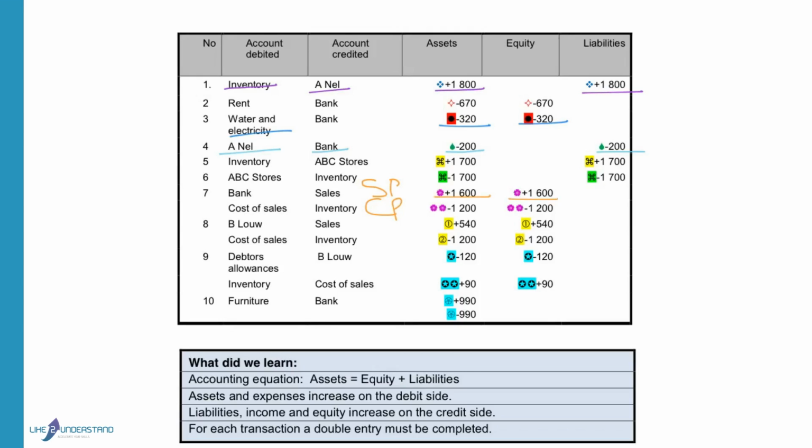That will increase our profits. For the cost price, we have to do a double entry at cost price. Cost of sales is the expense that will decrease my profits. Inventory is an asset that will decrease because we have less inventory now, so the assets will decrease at the cost price.